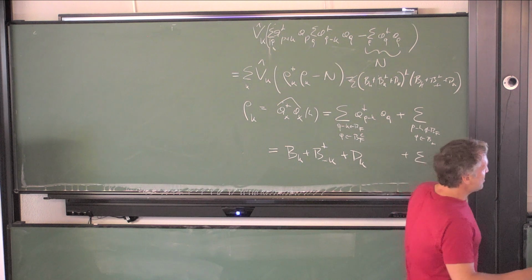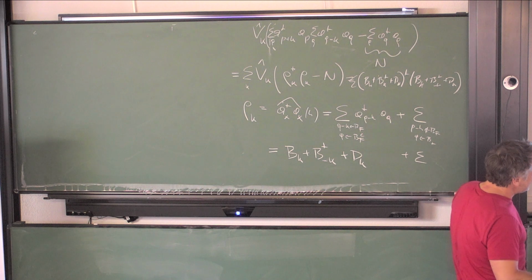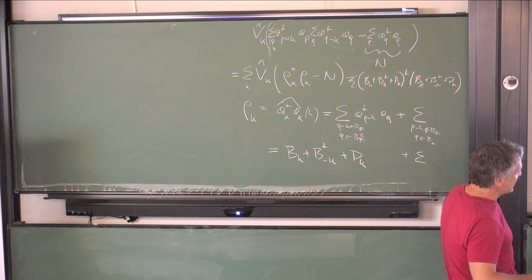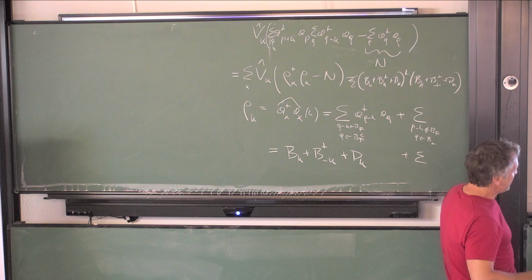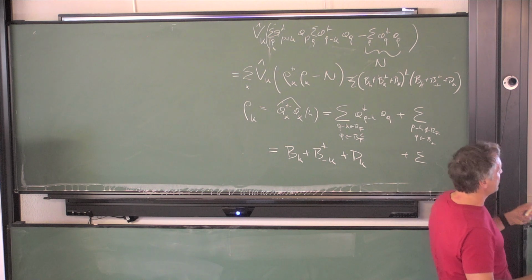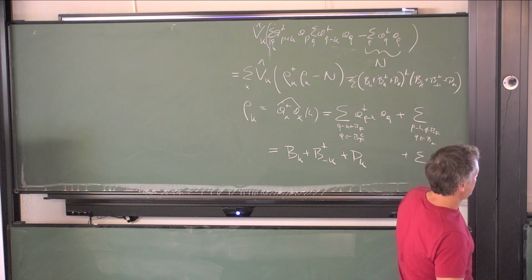Now, if you, for example, apply this on the filled Fermi sea, then you see it is zero, because P minus K comes from inside, so if this is filled, then a star is zero, and if outside there is no particle, then this is also zero. So applied on the Fermi state, you really get that they are perfectly bosons.